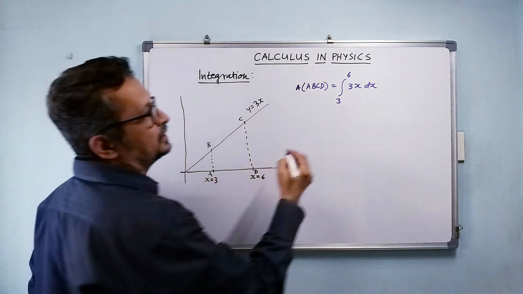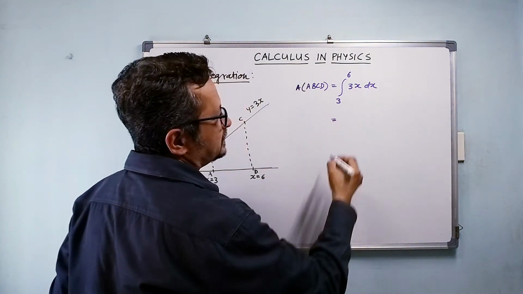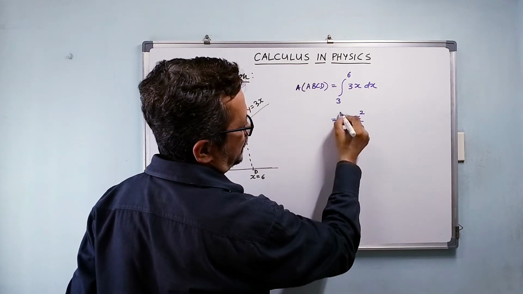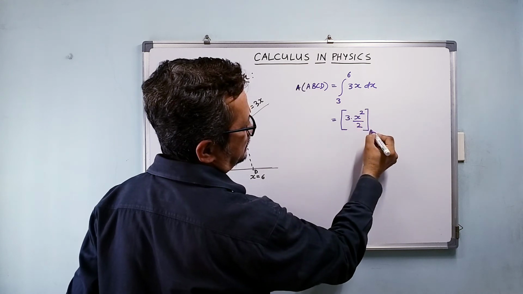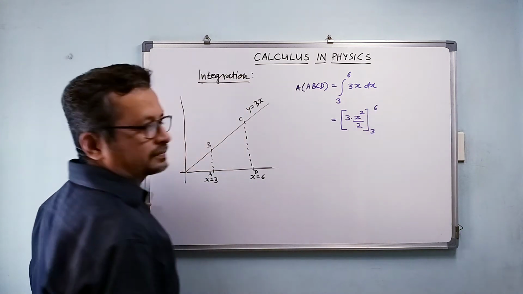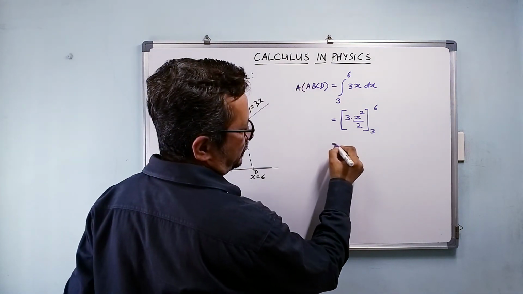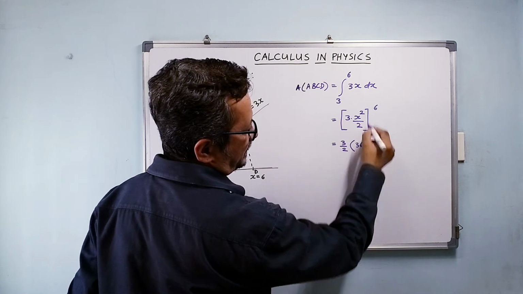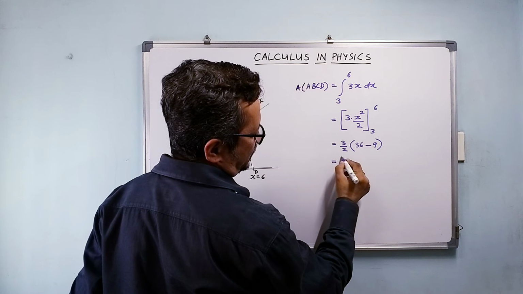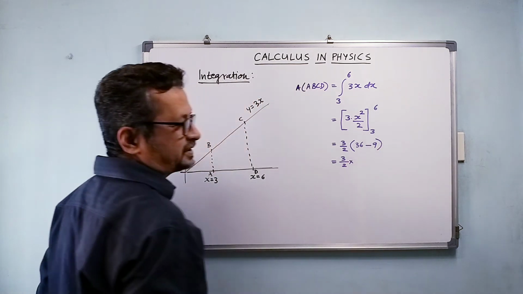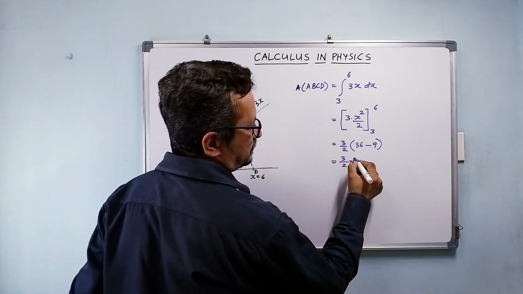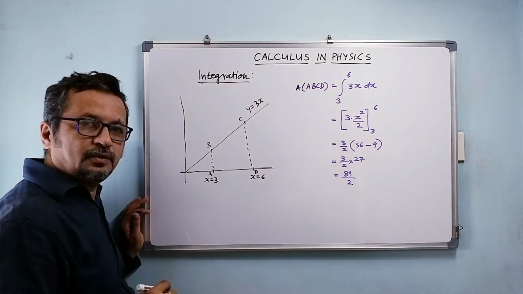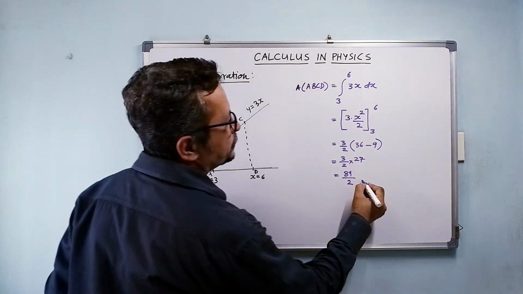We just integrate, correct? So what is the integration of 3x? It will be 3 into x raised to power 2 upon 2, between 3 to 6. So that would be 3 by 2 into x square, that is 6 square, that is 36, minus 3 square is 9, so 3 by 2 into 36 minus 9, which is 27, so that is 81 upon 2. Okay, so square units.